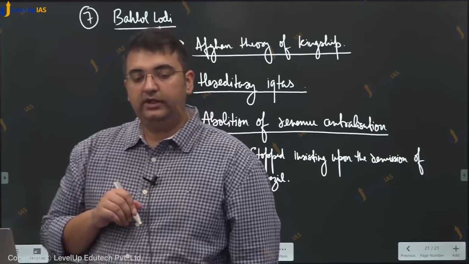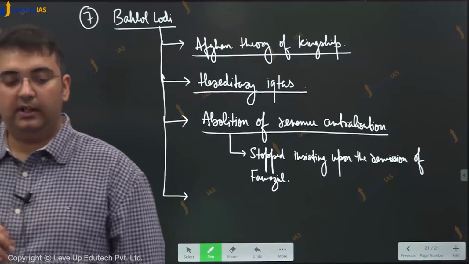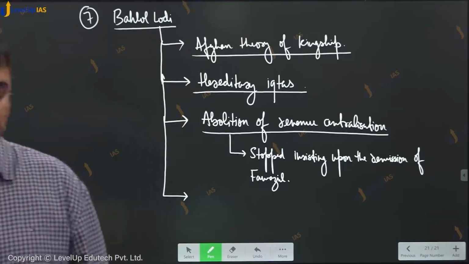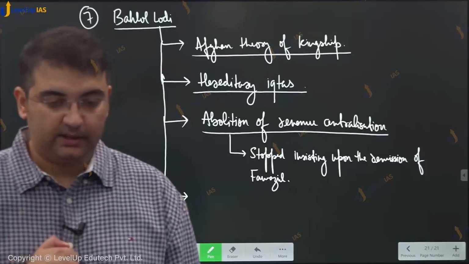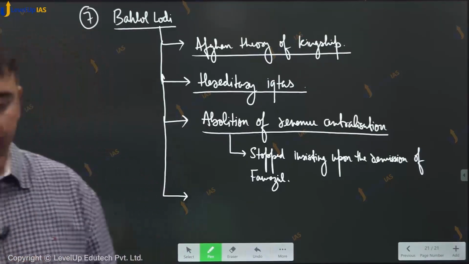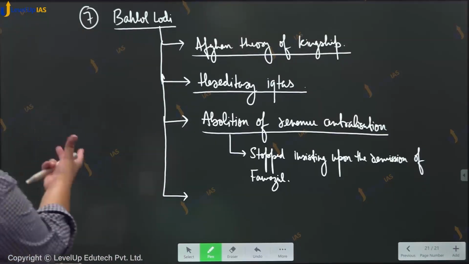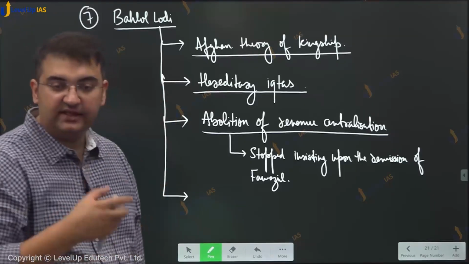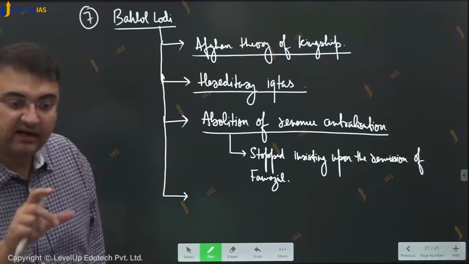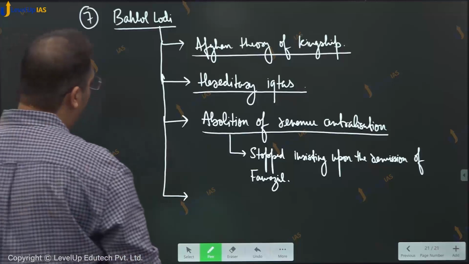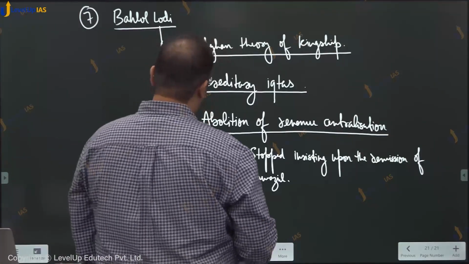Is Bahlol Lodi going to introduce a heterogeneous nobility or a homogeneous nobility? Homogeneous nobility. The chief source of his power is his Afghan lineage. He is drawing his support from other Afghan chiefs, and therefore he will have to rely upon them.